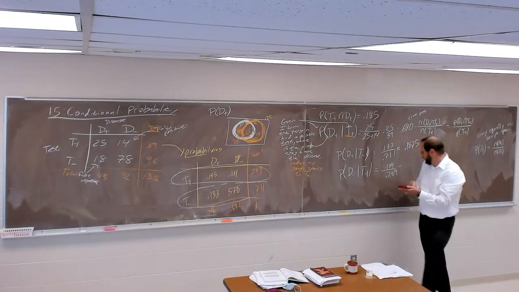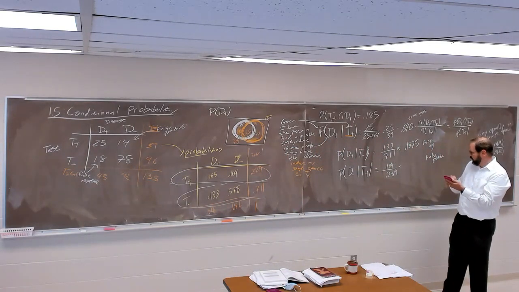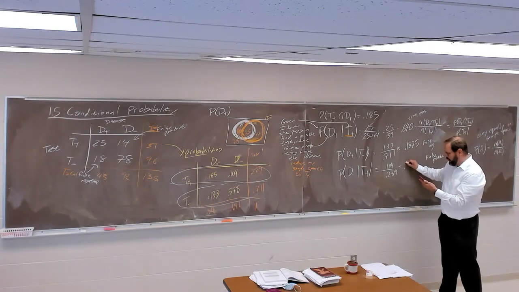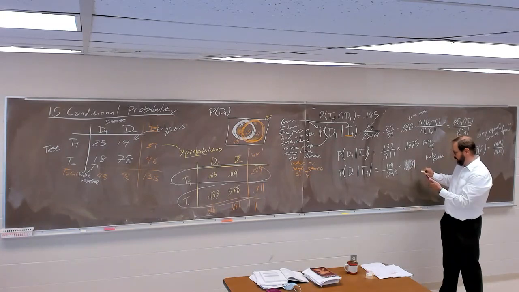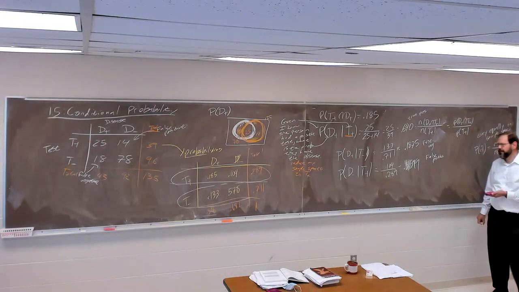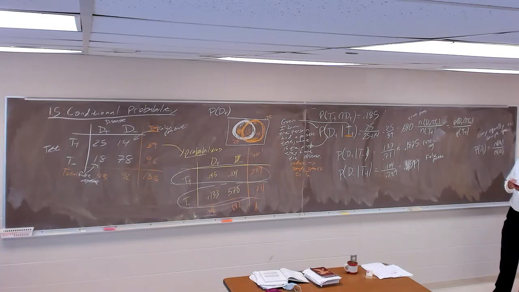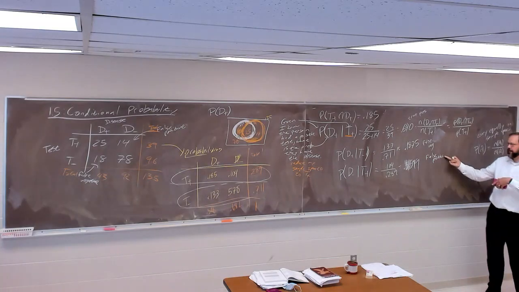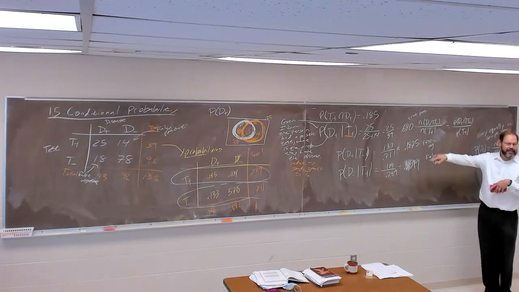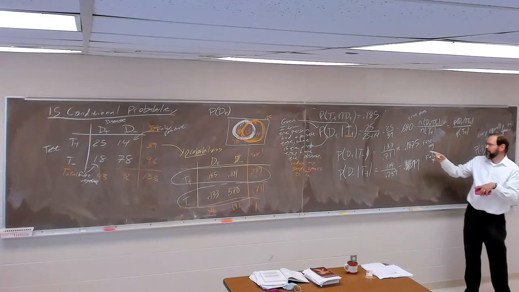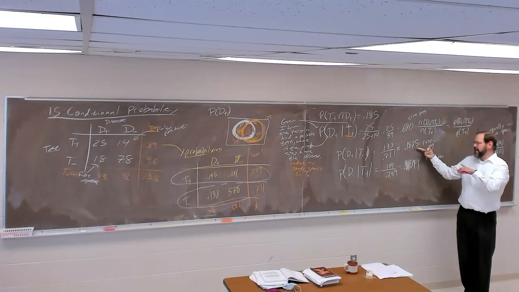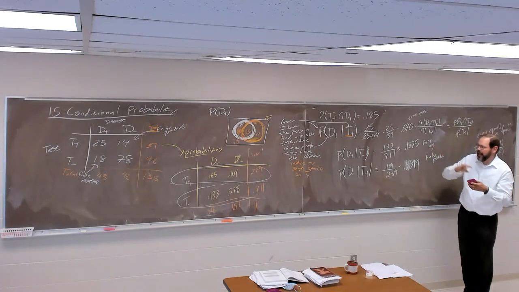Someone has it, they can shout it out. 0.104 divided by 0.289. 0.36, sorry, 0.3599, about 36%. Of the time I get a positive result, the actual result is not having the disease, right? False positive, right? About 18.75% of the time I get a negative result, I actually have the disease.